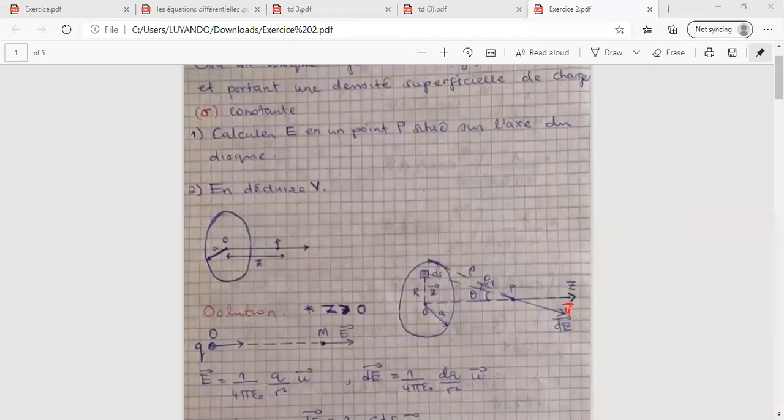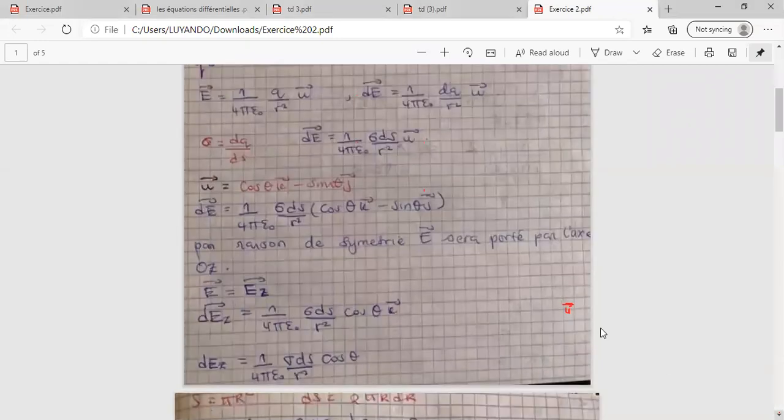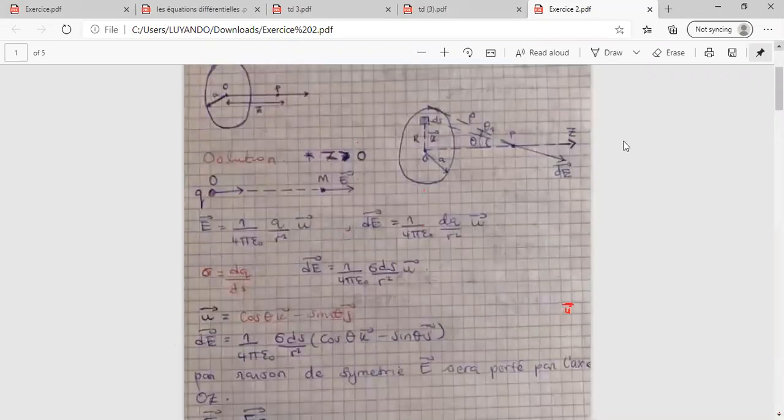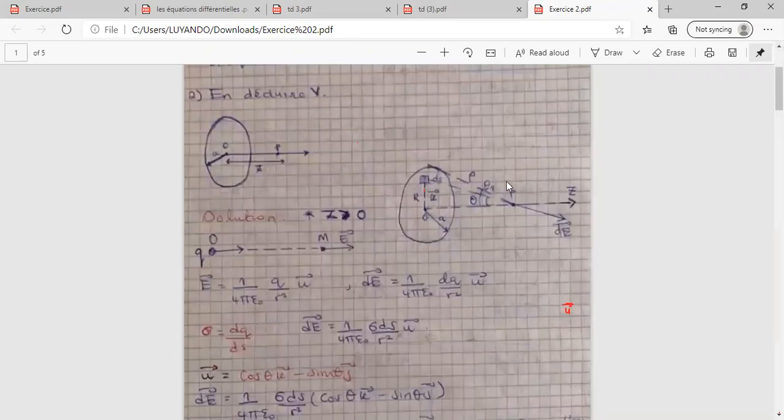And then, par raison de symétrie, E is carried by the axis Oz. So we know that in this direction, as I explained in the last exercise, this and this direction are going to cancel. So I'm just going to have E being carried by Ez.